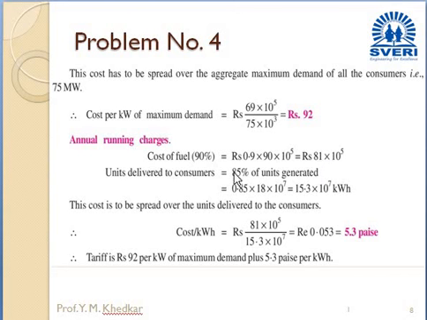Units delivered will be 85% of units generated, 0.85 multiplied by units generated, 18 into 10 raised to 7 kilowatt hour units. When we multiply, we get 15.3 into 10 raised to 7 kilowatt hour units generated that will be delivered to the consumer.